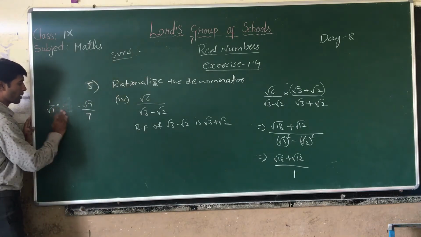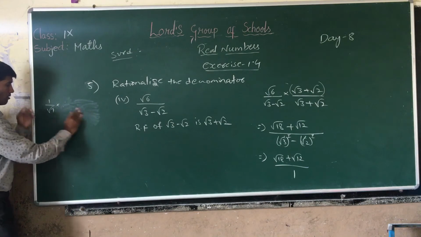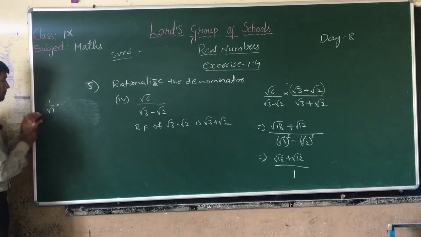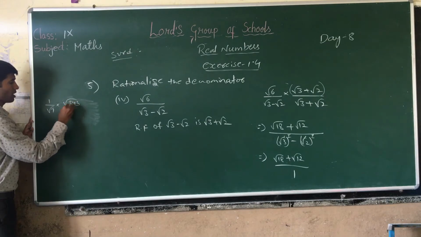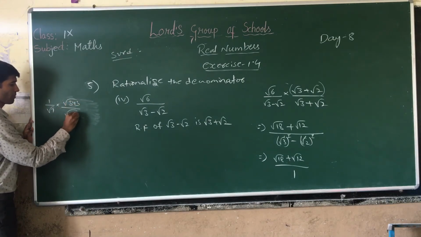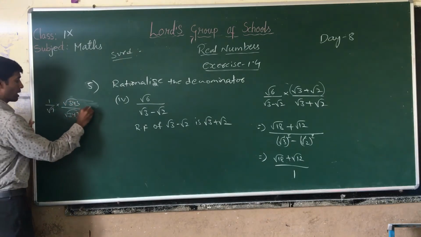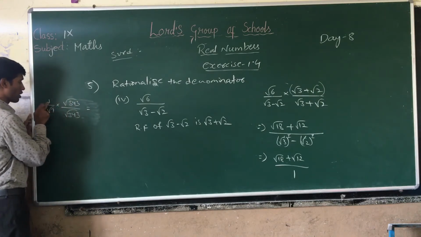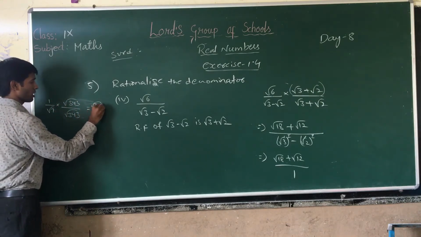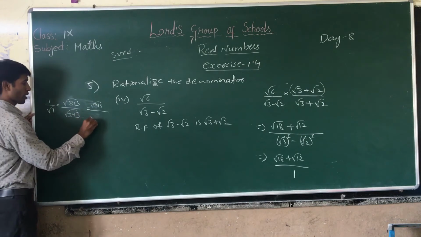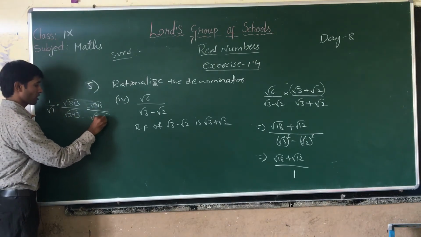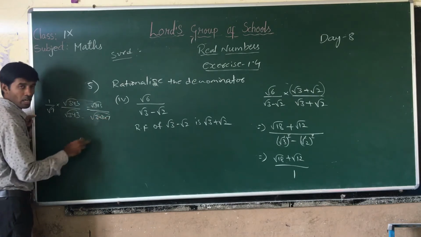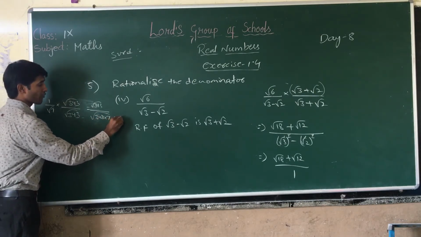Right. Now I am multiplying by another number, root 343 by root 343. When you multiply this, root 343 into 1 will become root 343. The denominator will become the square root of 343 into 7. After multiplying it, you will get 49.